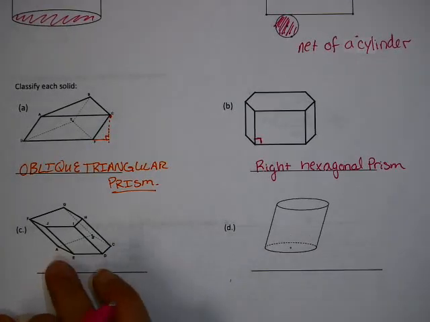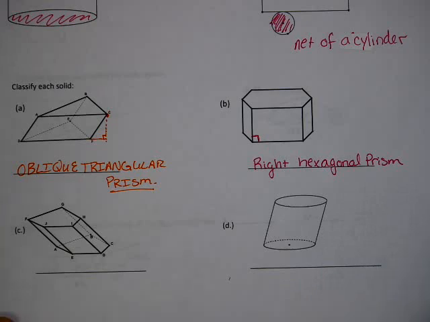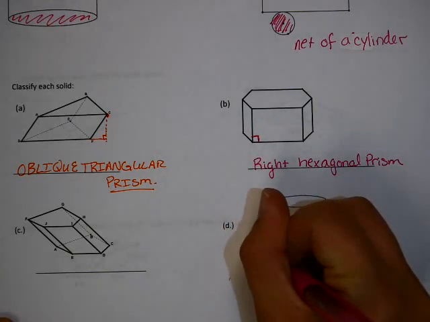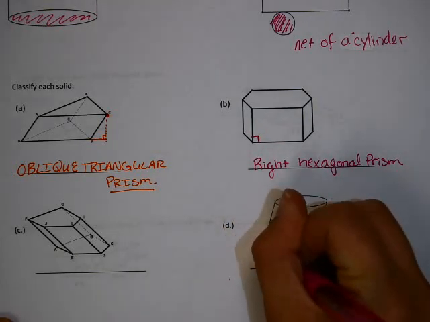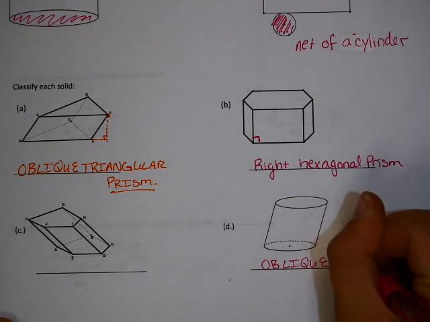All right, so both C and D are going to be oblique. D is unique because it is a cylinder, so this will be an oblique cylinder.